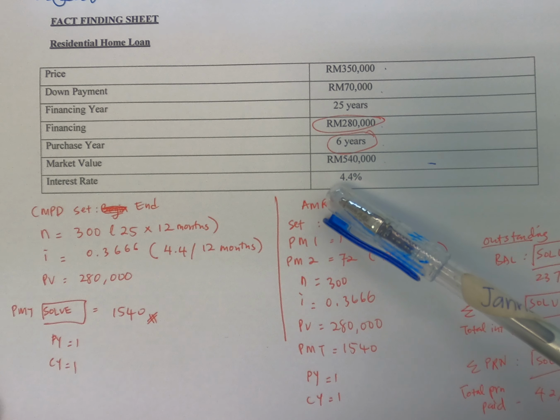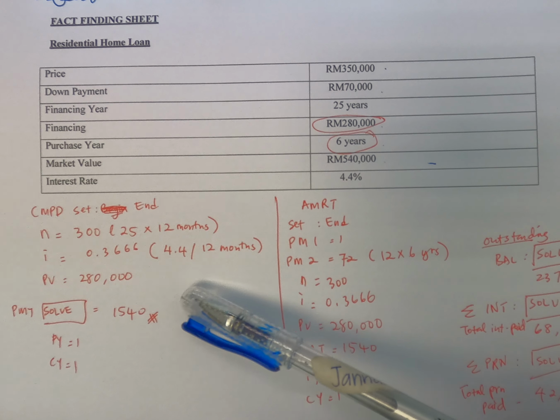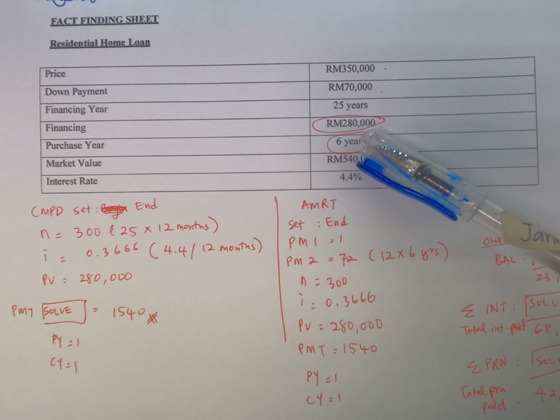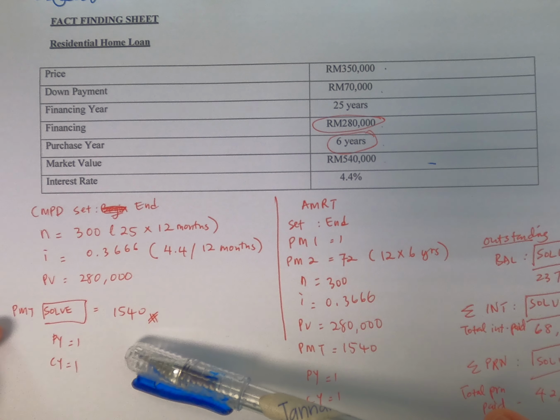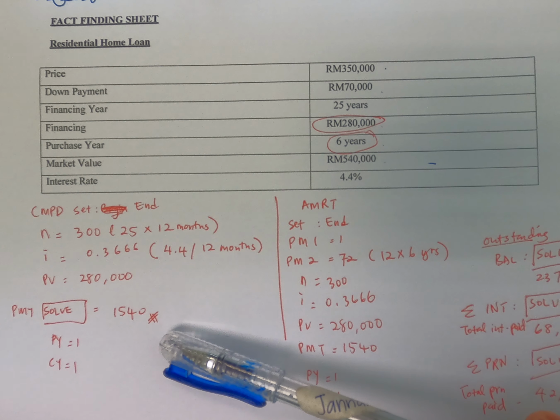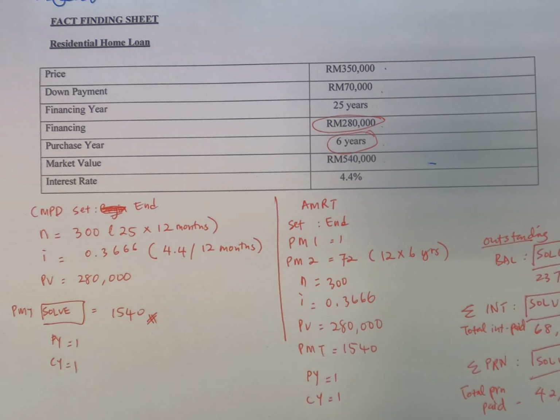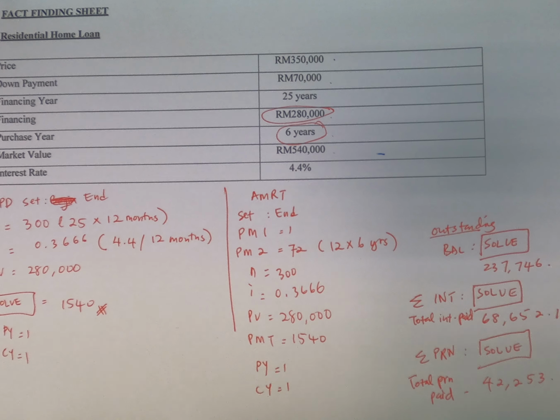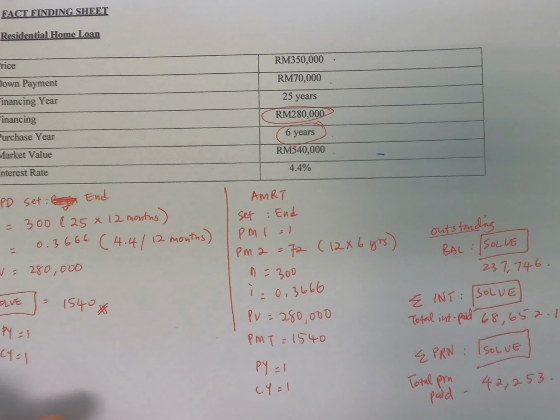I is 4.4 divide with 12. The PV is 280,000. You go to the PMT and solve, and you can get the monthly payment or monthly installment is 1540.